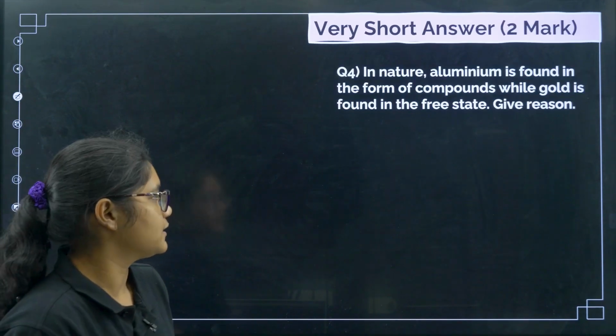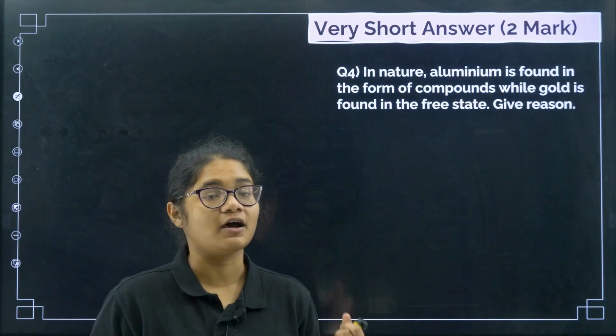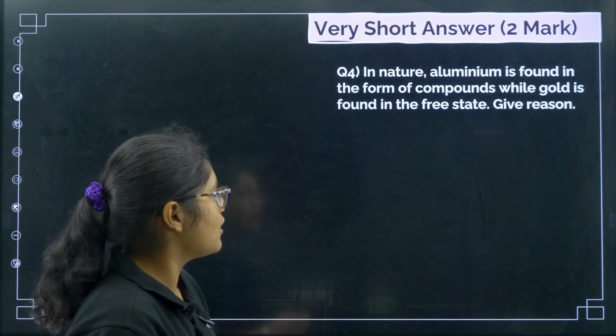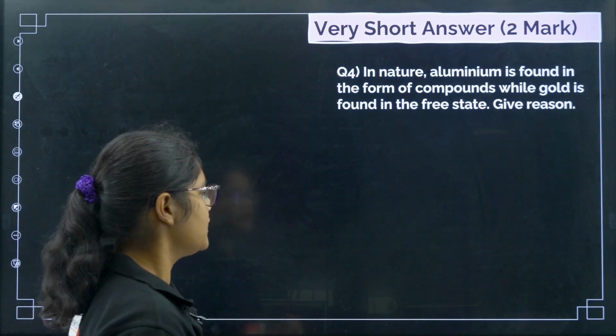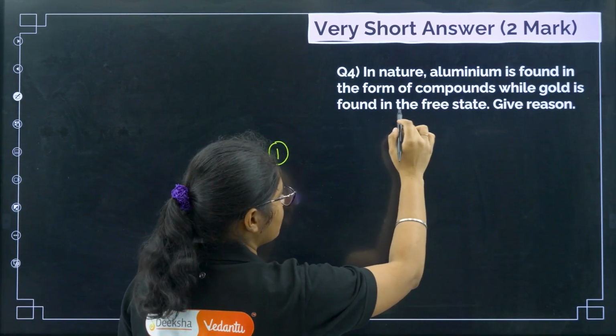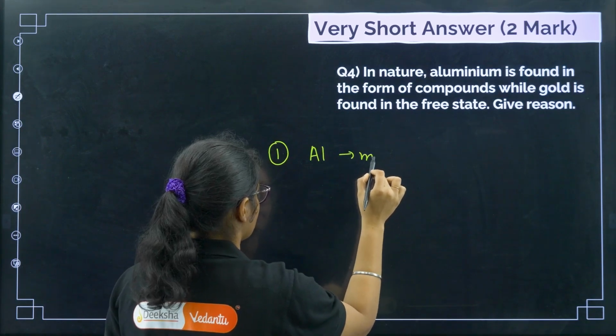Okay. Next one. These are all your 2-marker questions that can be asked from this particular chapter. In nature, aluminium is found in the form of compounds while gold is found in the free state. Give reason. So first you have to write why aluminium is found in compound form. We can write aluminium is more reactive.